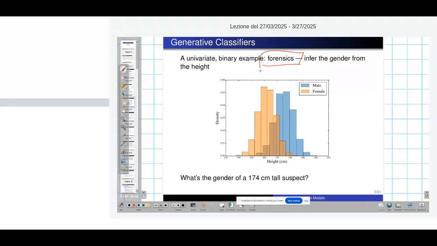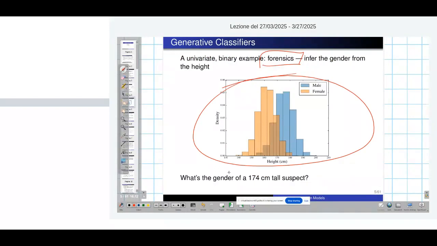He only knows the height, but he wants to know whether it's more likely that the suspect is male or female. We simplify and use male and female. If you want, you can add as many genders as you like, but for us this will be a binary problem.